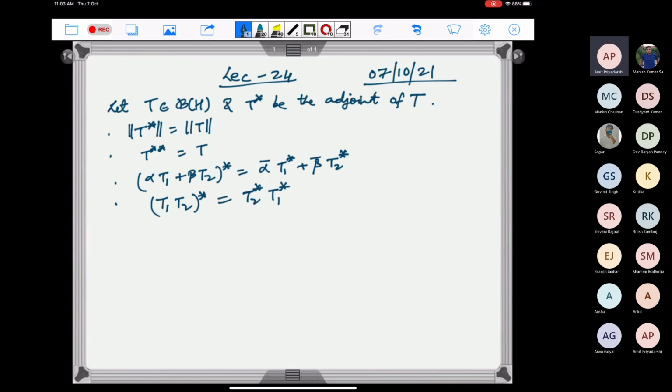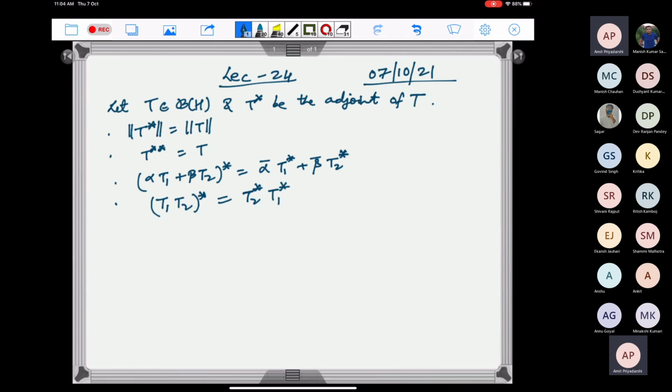So in fact, more generally, if you study Banach algebra, then if we have a map on a complex Banach algebra, x going to x star, which satisfies these last three properties, so you have x star star is equal to x, and (xy) star is y star x star, and then you have this conjugate linearity, then it is called an involution on a Banach algebra.